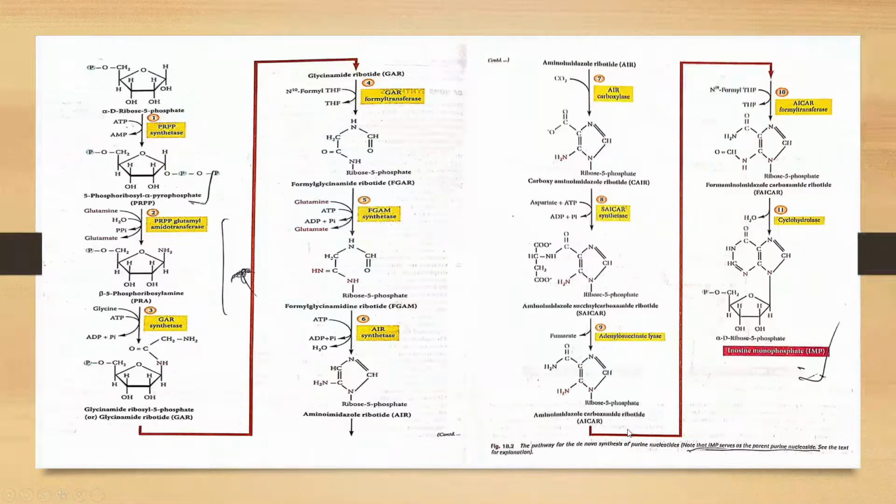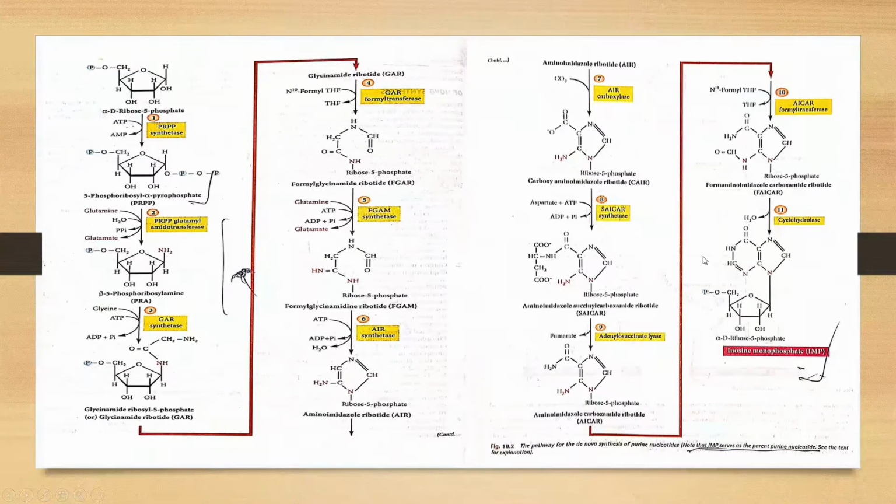The resultant compound is 5 amino imidazole 4 carboxamide ribotide. Reactions 8 and 9 are identical to reactions in the urea cycle, in which citrulline is aminated to form arginine.